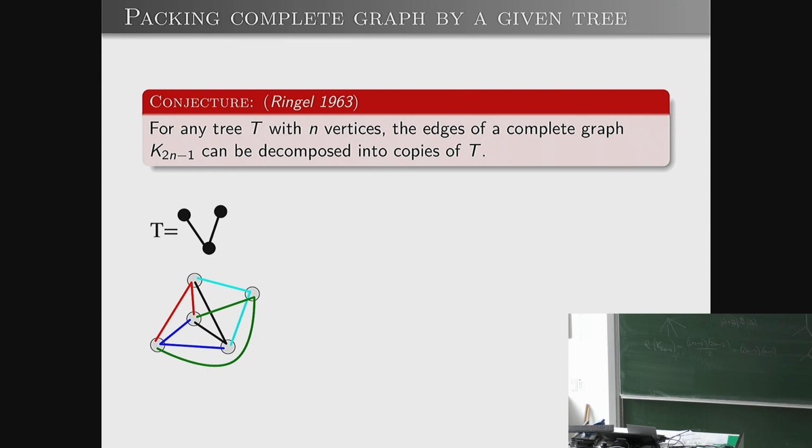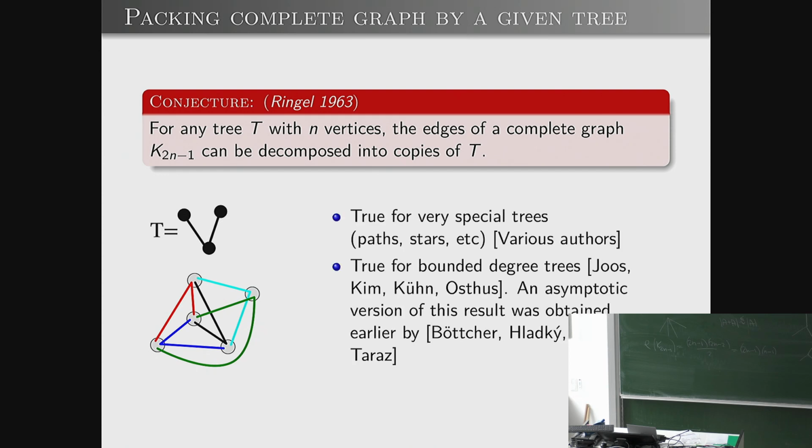So what do we know about this conjecture? Again, it is true for very special trees, paths, stars, and so on. And there is a remarkable result in this direction, actually proved by several people, including Felix, which says that this conjecture is true for a very large class of trees which have bounded degree.